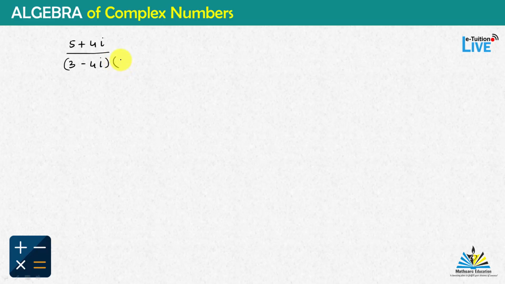That is 3 plus 4i, the complex conjugate of this number. So we need to multiply the numerator by 3 plus 4i: 5 into 3 is 15, and 4i into 4i is 16i square, that is minus 16, plus i times 4 into 3, 12, plus 4 into 5, 20.